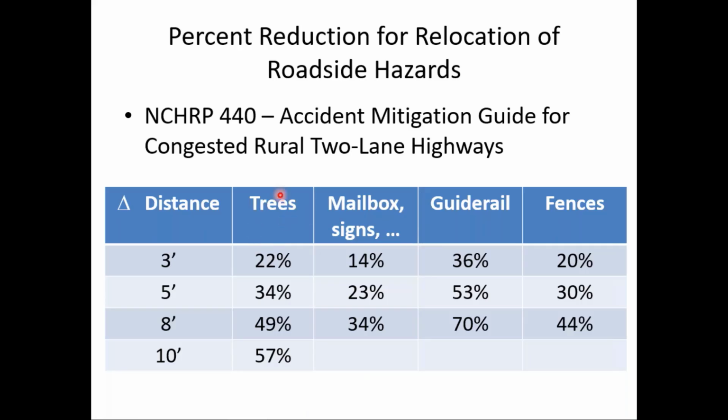And obviously we're not going to relocate trees probably along the road, but it shows the % reduction in crashes depending on how far a tree is from the edge of the roadway. And you can see, of course, as the distance increases, the crash reduction increases. But at least this quantifies that.